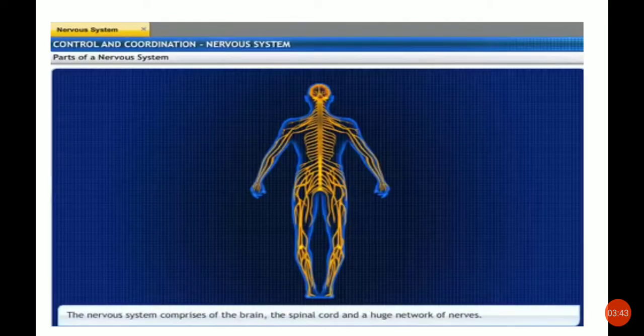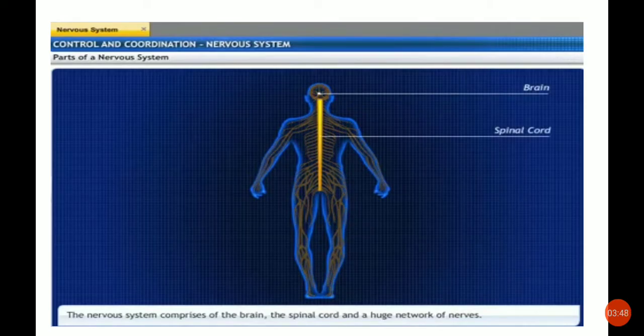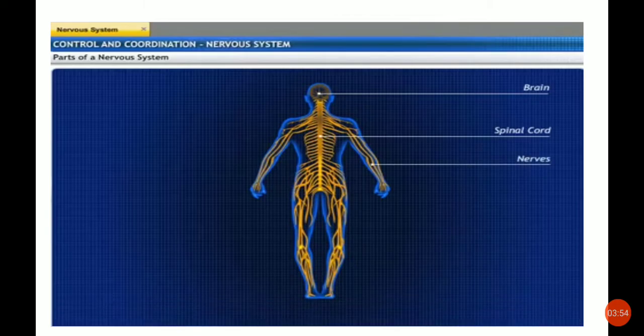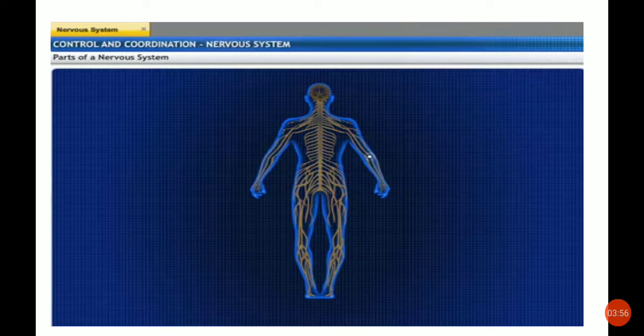We know that the nervous system comprises the brain, spinal cord, and a huge network of nerves spread throughout the body. The nervous system is responsible for sending, receiving, and processing messages in the form of chemical signals called impulses.